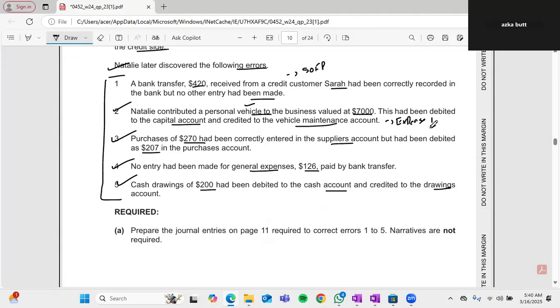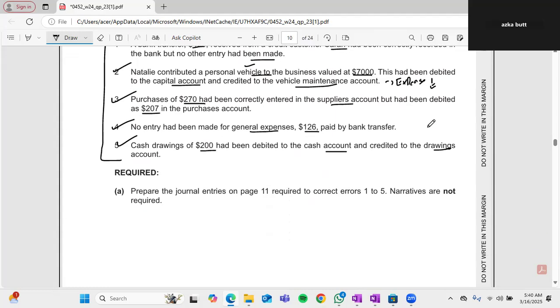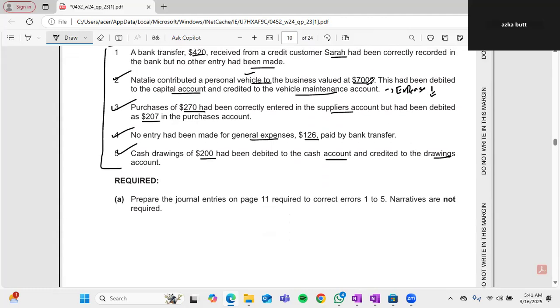So what does it mean? Yes, it will decrease the profit as well.